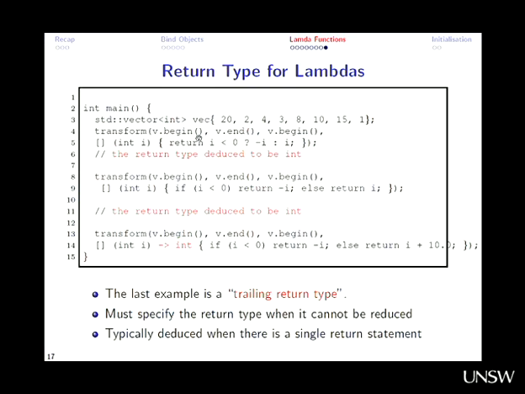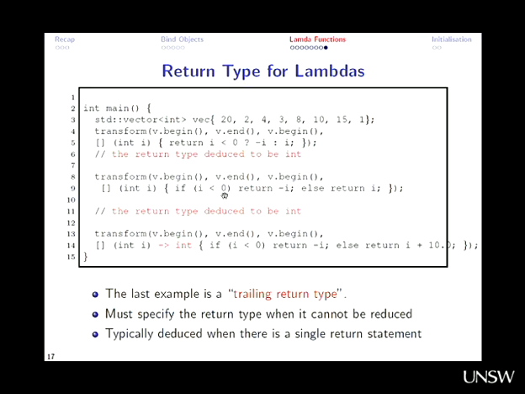So up on line 5 of this example, we have a lambda function which returns an int. If i is less than 0, it returns minus i, or it returns i. So this is the equivalent of the absolute value function. And it automatically figures out that the return type needs to be an int.